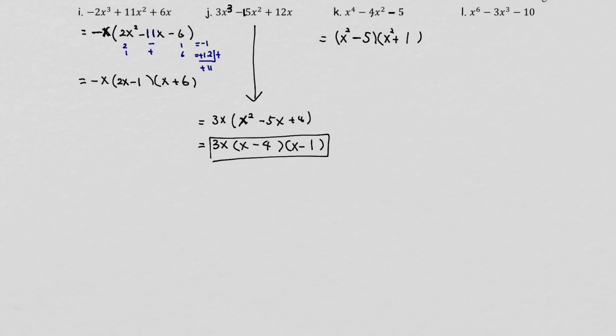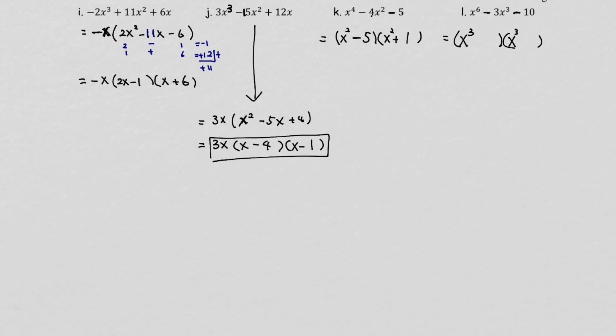Again, 3 terms. 1, 2, 3 terms. 1 is a constant without the variable. This exponent is double, right? So it means I can use the method that I used, right? The trinomial factoring method. So then, let me see. In order to get x to the 6, both have to be x cubed.